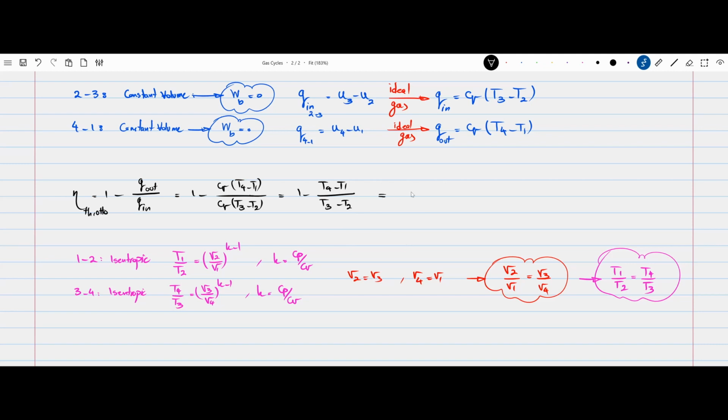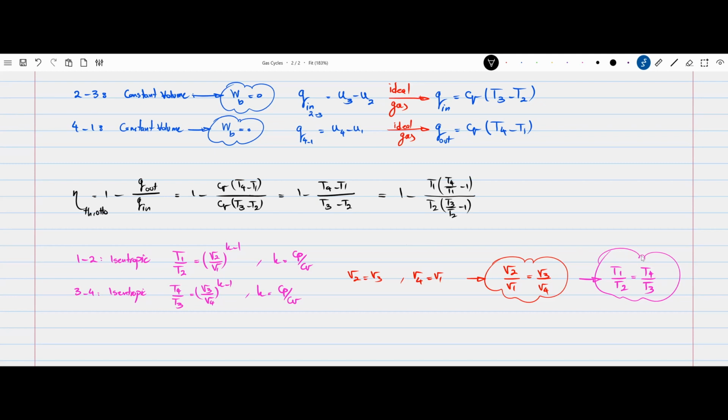Look at this. If I play with this equation a little bit, if I factor out a T1 from the numerator and a T2 from the denominator, I get T4 over T1 minus 1 in the numerator, and I get T3 over T2 minus 1 in the denominator.